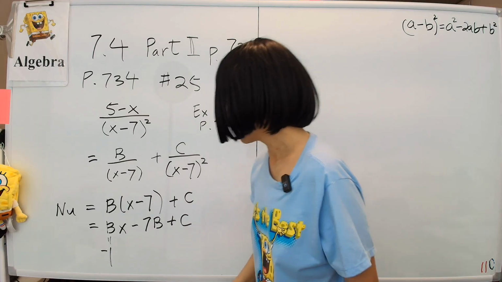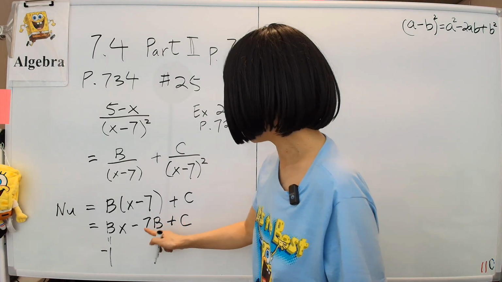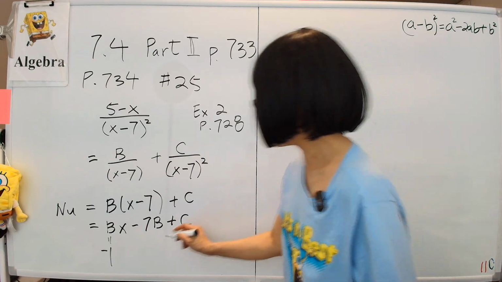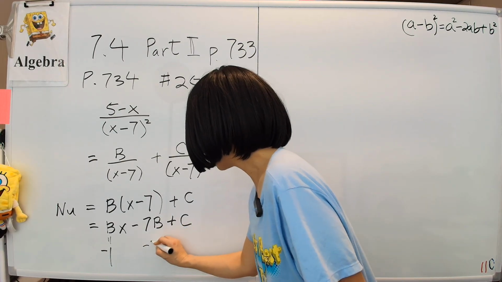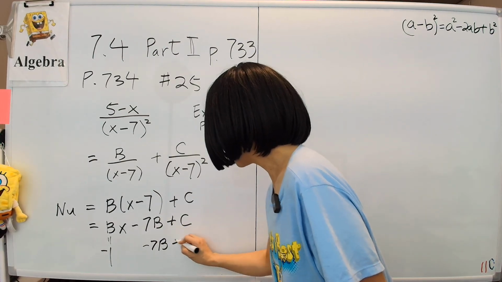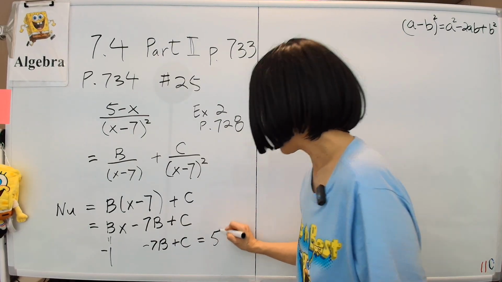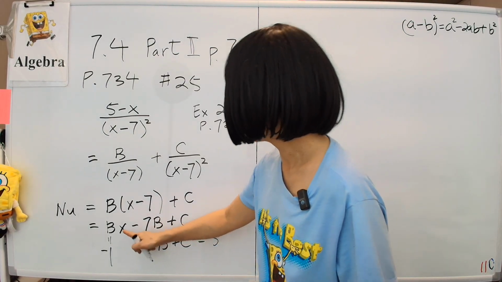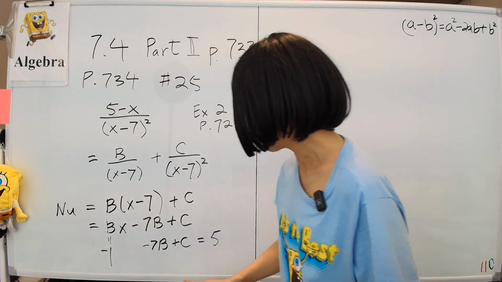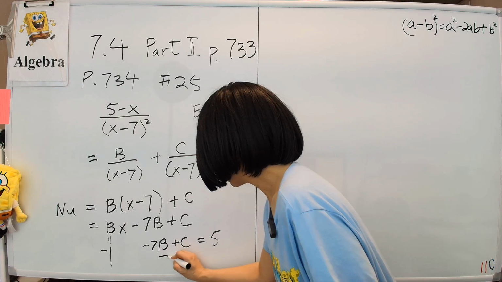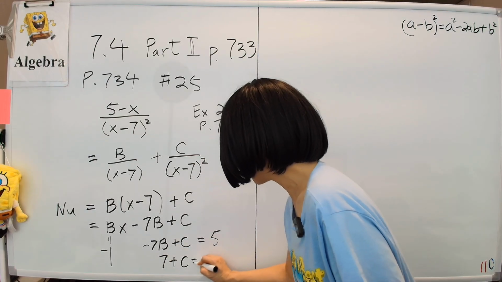The next part is that minus 7b plus c has to be equal to positive 5, which I'll write down right here. And since b is minus 1, times negative 7, so 7 plus c has to be 5.